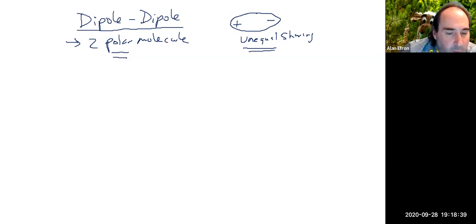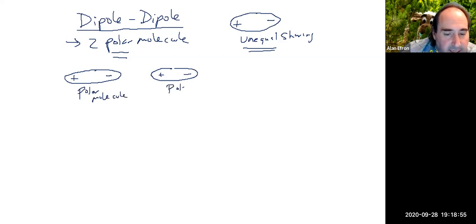And that means that when two polar molecules get together, they both have a positive and negative side. And that's going to allow two polar molecules to interact through the negative side of one and the positive side of another. And we'll get that intermolecular force right there between those two.